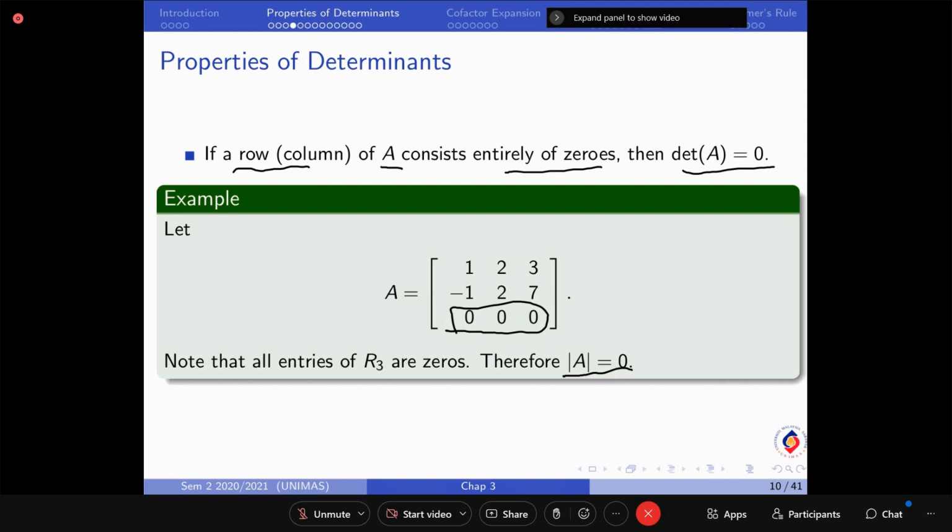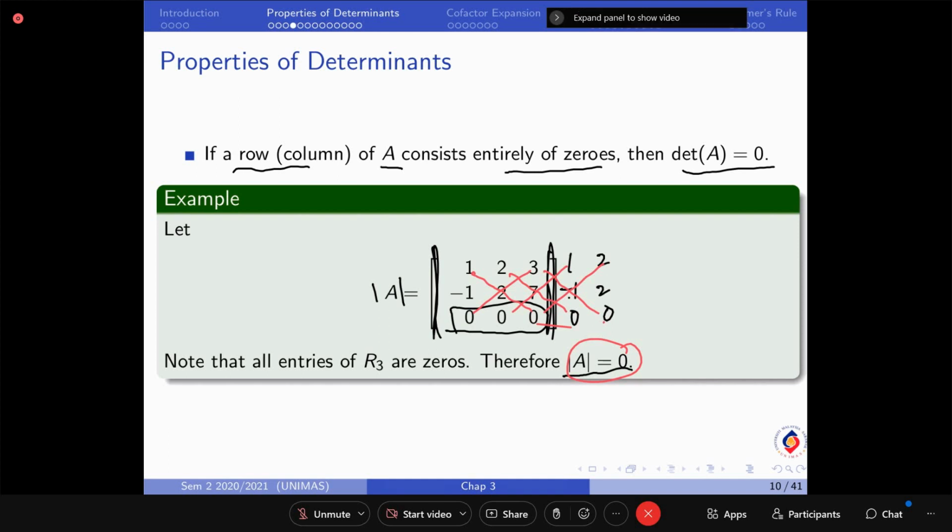If you remember our method to calculate the determinant just now, you repeat the first two columns, then you do the products. Each line you need to multiply with 0, 0, 0, 0, so you always get 0. That's why at the end, the determinant equals 0.